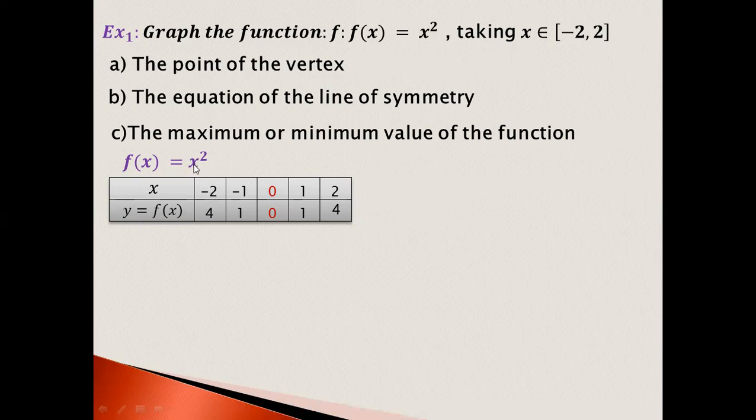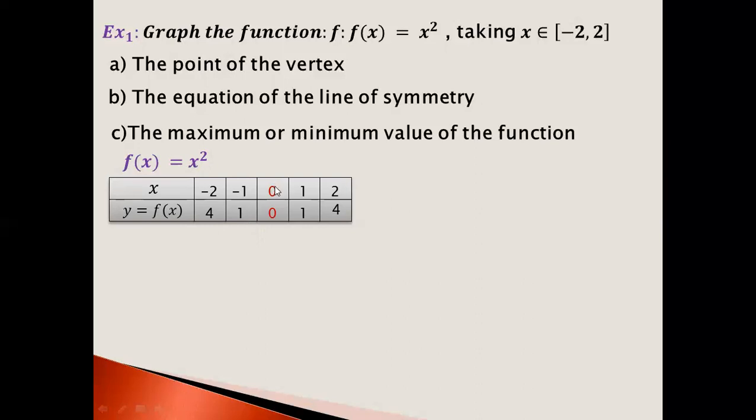If we replace the letter x here by the number -2, it's going to be (-2)^2 equals +4. Also, if we need to find the image of the element -1, we can replace the letter x in the function rule by the number -1. It's going to be (-1)^2 equals +1.